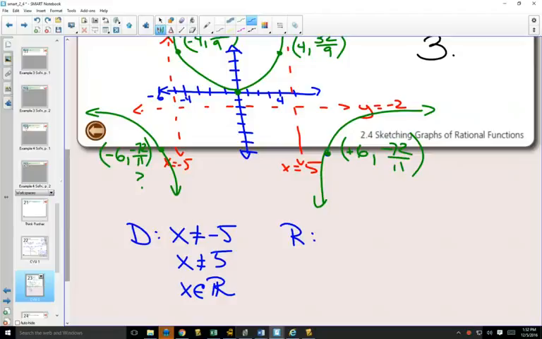So as far as our range goes, our range is everything up to negative 2. Then there's a gap where there's nothing, and it starts again at 0. So this might be one where you feel more comfortable using interval notation, saying, I start at negative infinity. I have everything up until negative 2, but I can't include negative 2 because there's an asymptote.